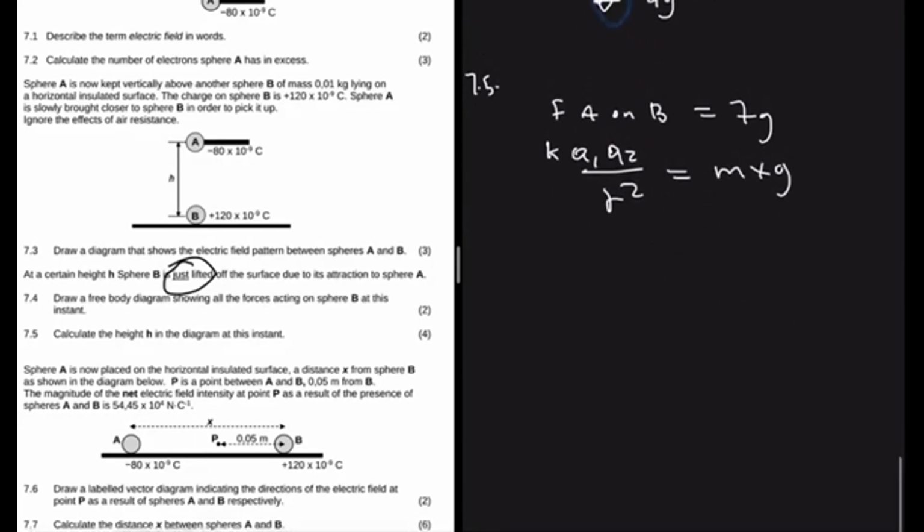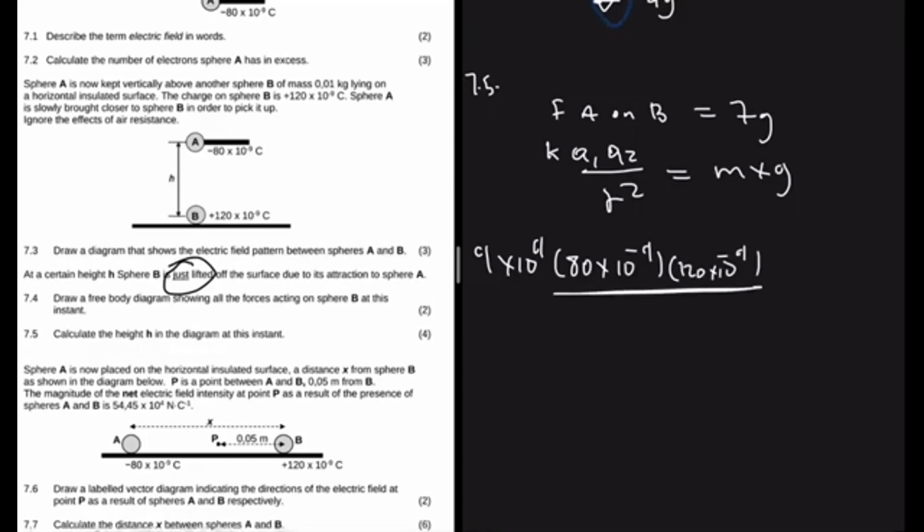So what is the value of k? We know fully well that k is 9 times 10 to the 9. Let's say Q1 is A, that will be 80 multiplied by 10 to the minus 9. Don't forget, we're only interested in the magnitude of the charges and not the direction. And then for B, we're going to have 120 times 10 to the minus 9, and then we divide everything by r squared. So r in this instance is h, right?